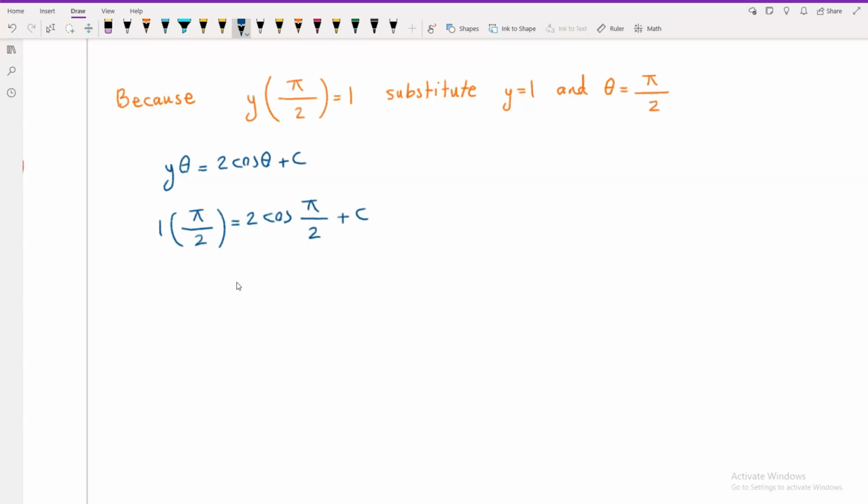Now for y we have 1, and for theta we have pi over 2. So here on this part we have 1 times pi over 2 equal to 2 cosine pi over 2 plus c. And then simplify. So here we have pi over 2 equal to 2 times cosine pi over 2 is 0, then plus c. So c is pi over 2.